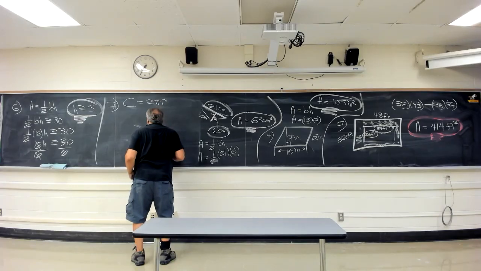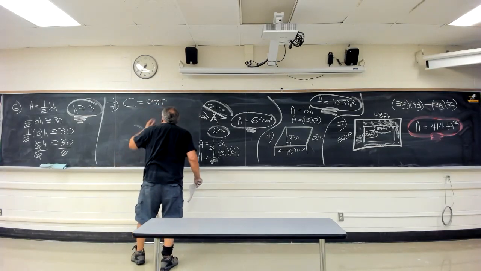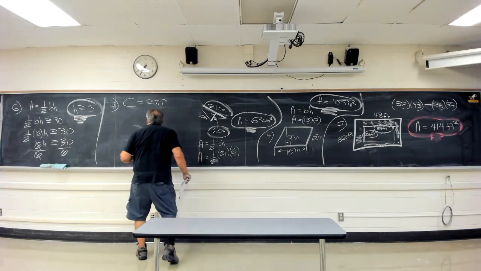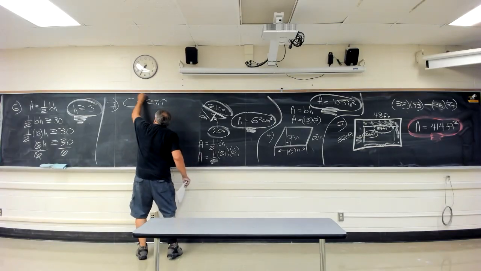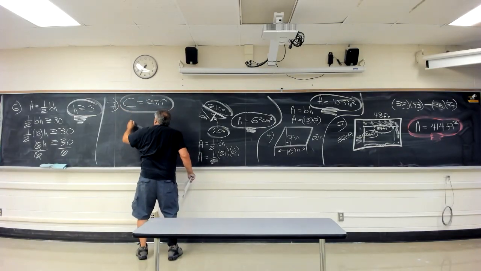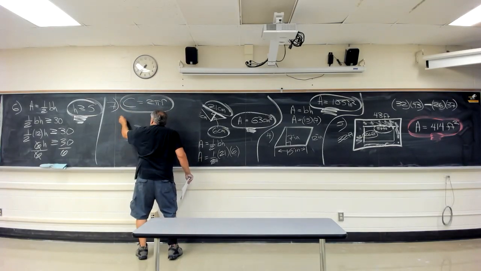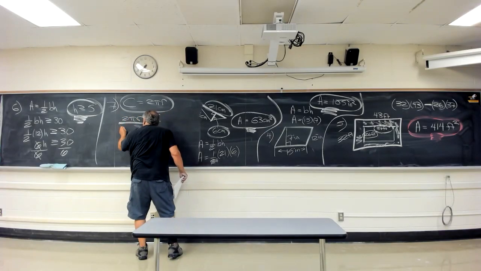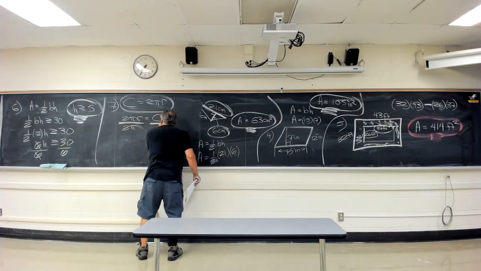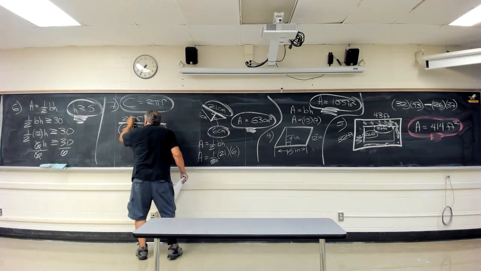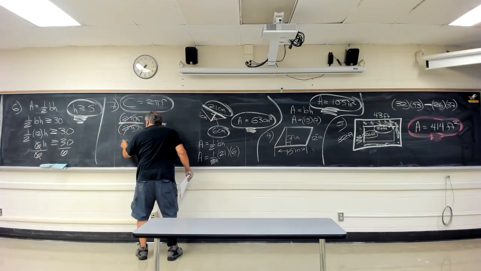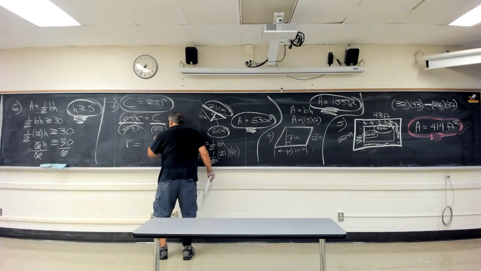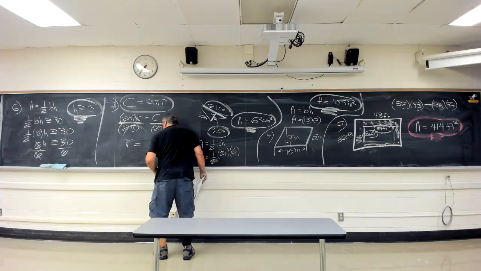If 2 pi r is equal to the circumference, let me divide by the product 2 pi on each side. R equals the circumference divided by the product 2 pi.